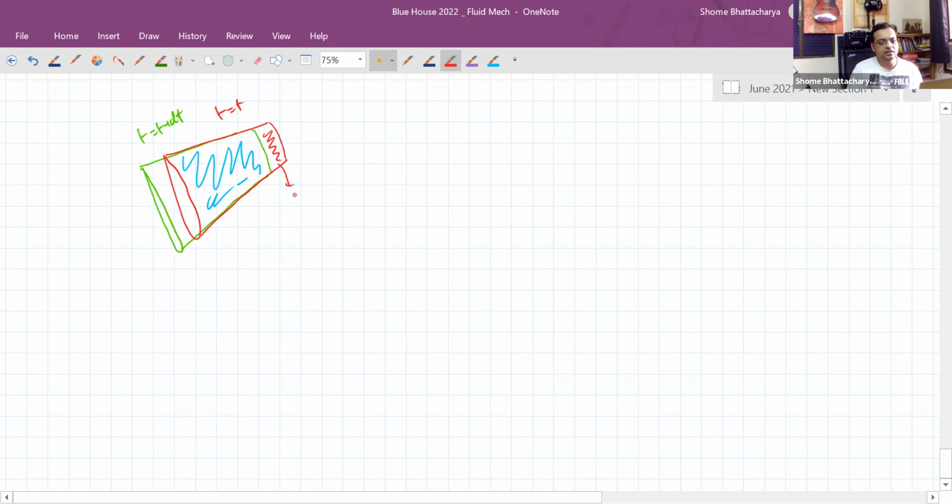So let's say this section is of mass dm1, and in the second diagram there is a certain section of liquid here which is of mass dm2.